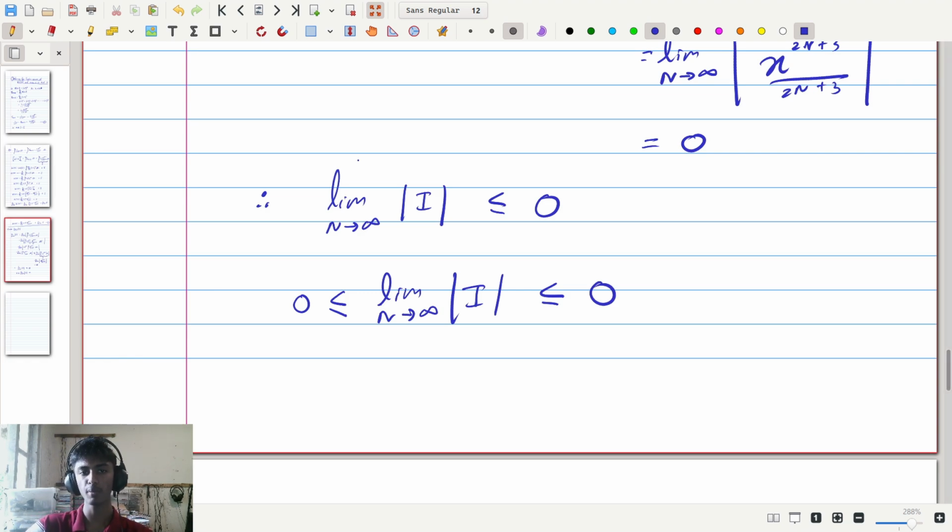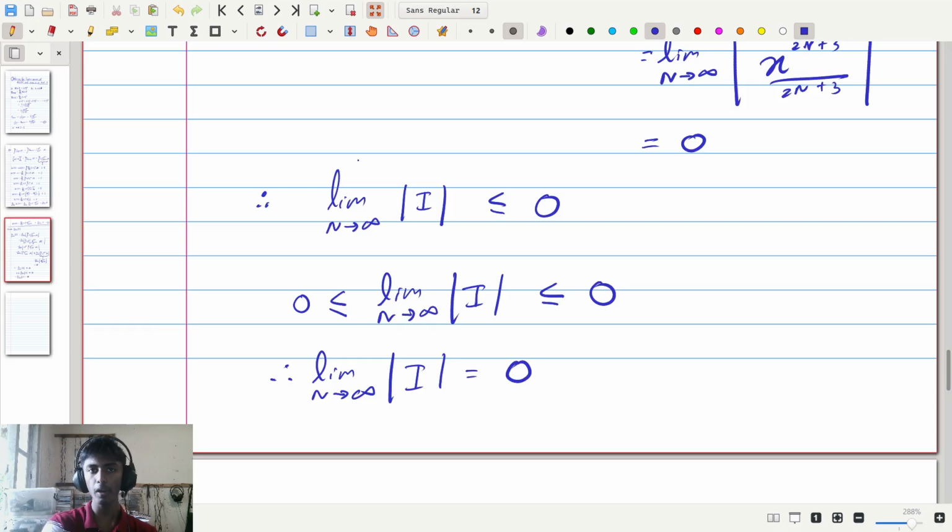We can see here by a theorem which is kind of similar to the sandwich theorem, on the left we have this value being greater than or equal to 0, and this value is also less than or equal to 0. So this value here must be equal to 0. Therefore the limit as n approaches infinity of the integral's absolute value is equal to 0.